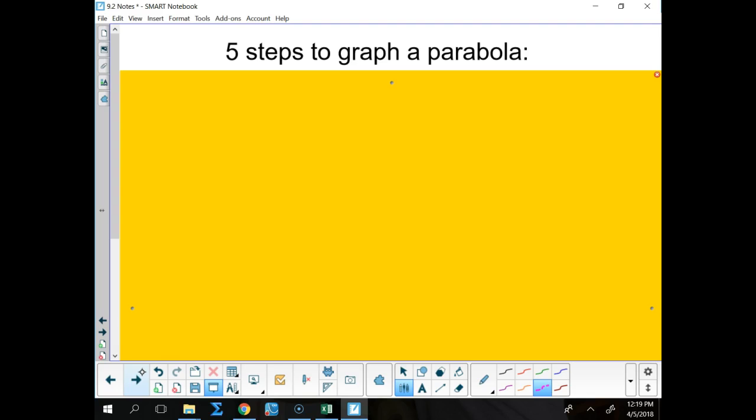Which variable is squared? Okay. Go a little more in depth into that for me. If it's x squared, it's going to go up or down. Okay. And if it's y squared, it'll go left or right. Fantastic. I love that. So if the x is squared, it's up or down. If the y is squared, it's left or right. Love it. Okay? What's the second thing that I got to look at?